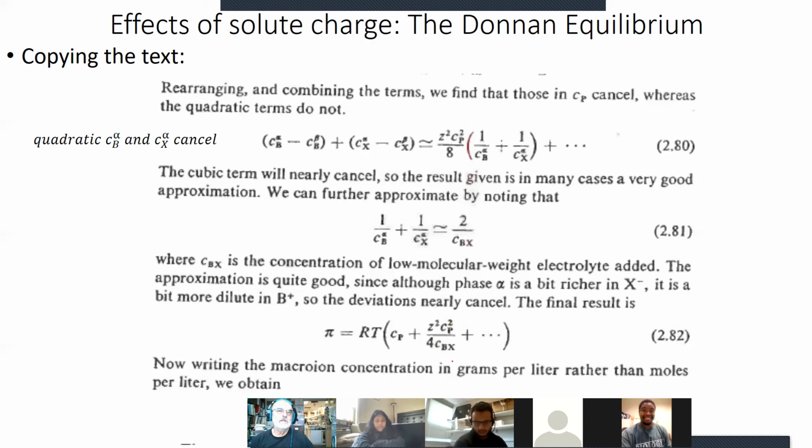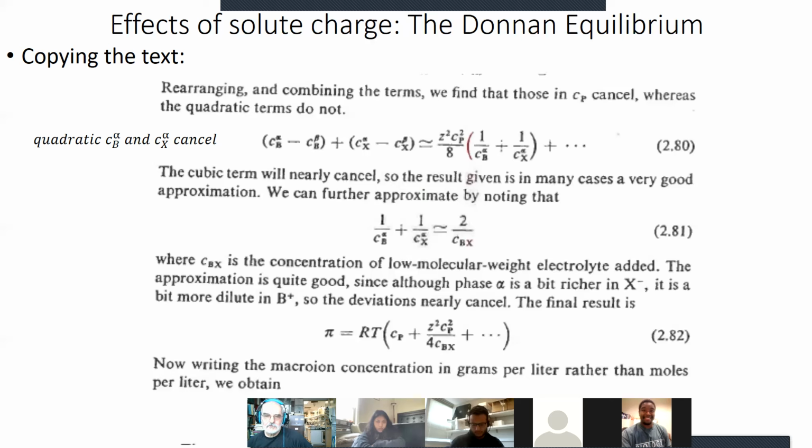I don't think I pointed that out at the beginning, but if we write this in terms of grams instead of moles, maybe up above we did say the term that we're putting this in molar. But if you then convert molar to grams per liter, to do that, you have to divide by the molecular weight of the protein. So when you do that, you get a CP in the denominator. This CP squared becomes grams per liter squared in the numerator and the molecular weight of the protein squared in the denominator.